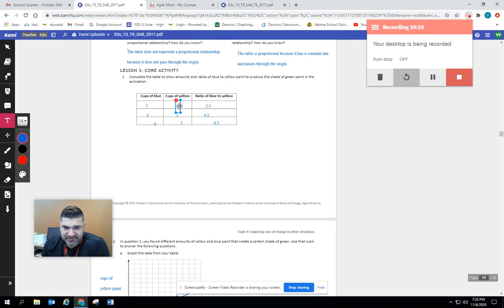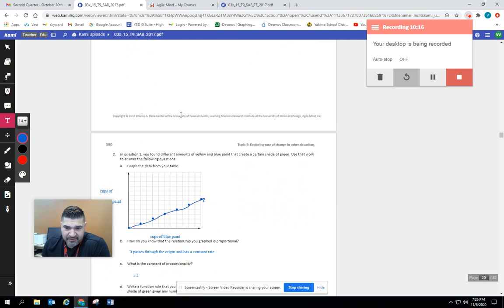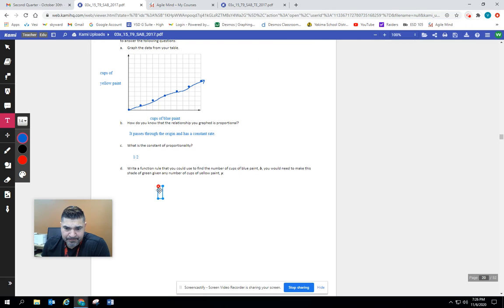What do you have to do to this number to get the blue? Well, we have to multiply the yellow by 2. So we can write 2 yellows equals a blue.